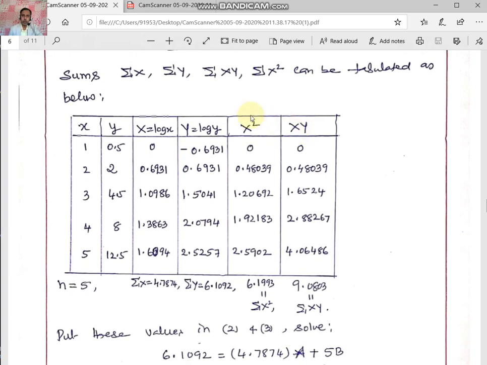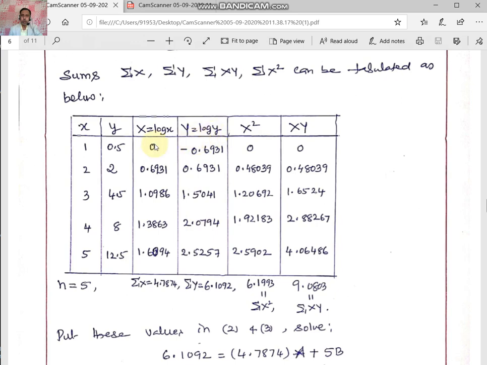Now let us find the sums, sigma X, sigma Y, sigma XY, sigma X square, from this table. Write the given data x and y columns. We want capital X = log x, the log of all x values: log of 1 is 0, log of 2 is 0.6931, and so on.